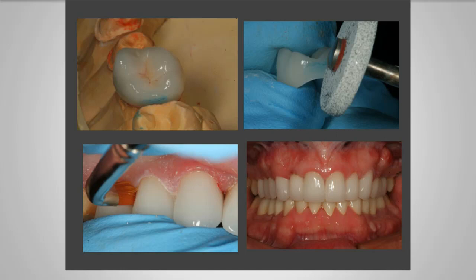Now I said this could be for any case, and it absolutely is. If you're just doing 3 or 4 single units down here, let's say you're doing 3 units on the lower right, you've got natural teeth contacting here, natural teeth contacting here. Maybe you have a third contact here, or you have a free end. In that case, let's say we're doing 4 units here.